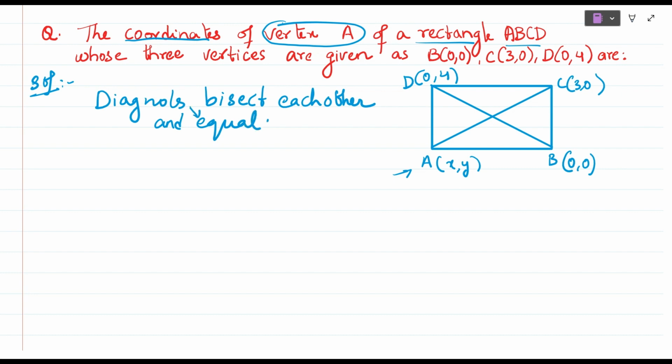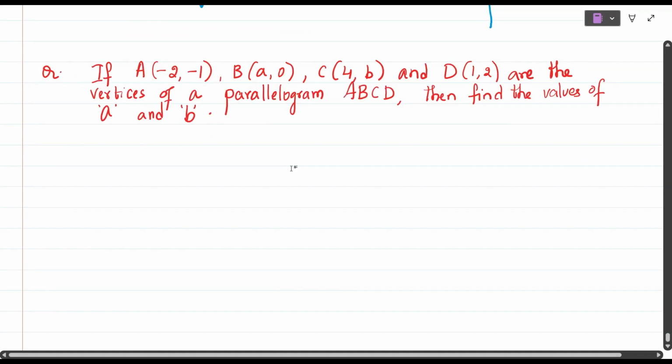So these bisect at point O. Here the formula we can apply is the midpoint formula. The midpoint of both lines AC and DB will be equal. So find out the midpoints.